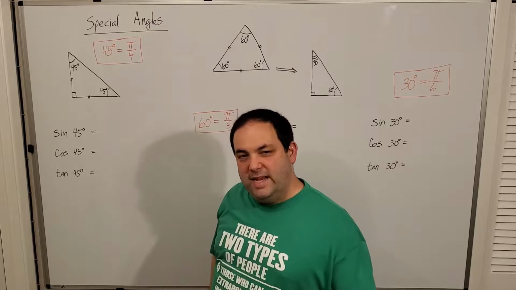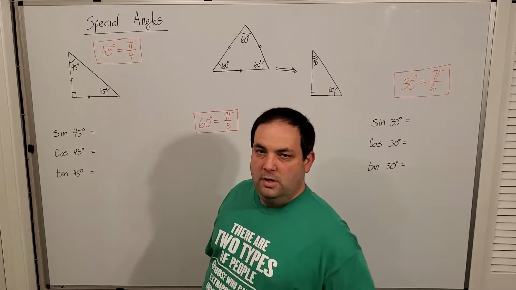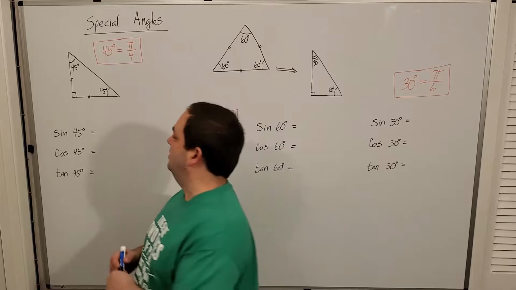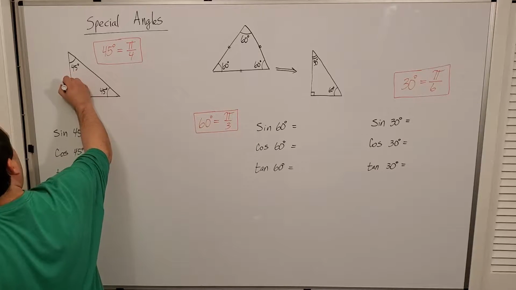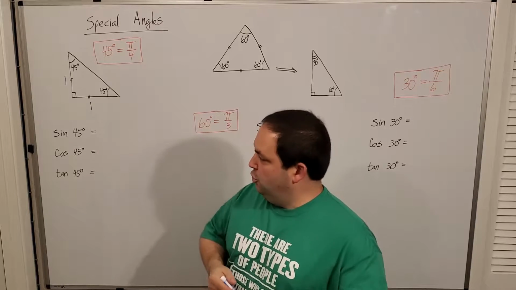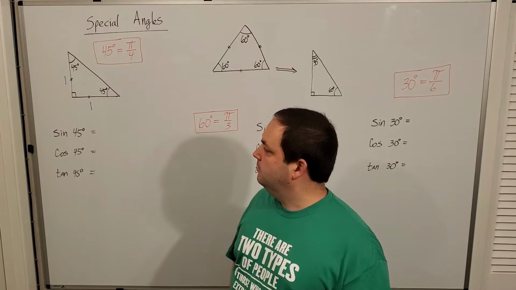To make things as basic as possible, what I'll do is I will choose the simplest number that works with it being isosceles. So I'll choose 1 and 1 for those two sides. You could really pick any number you want, but we want to keep it basic here.